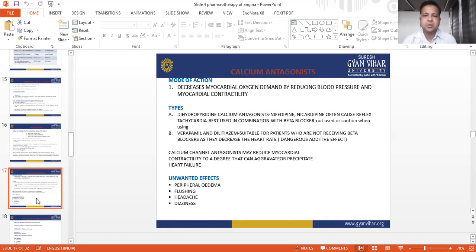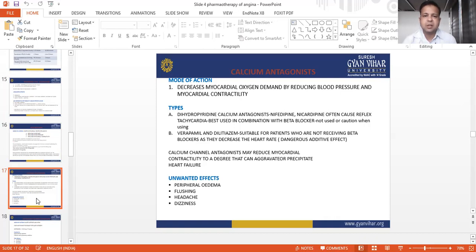Use with caution verapamil and diltiazem, suitable for patients who are not receiving beta blockers as they decrease the heart rate.